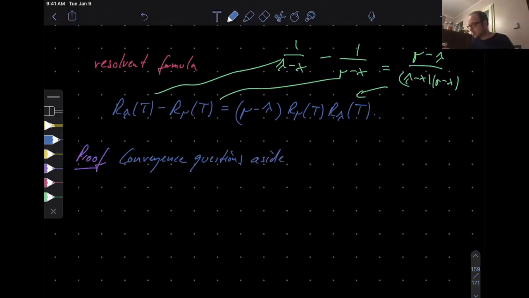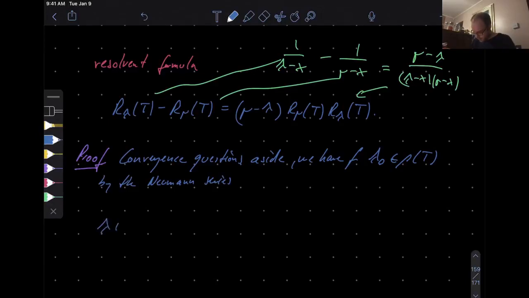So, convergence questions aside, we have for lambda naught, that will be our point in the resolvent, by the Neumann series, we're going to look at lambda I minus T inverse.